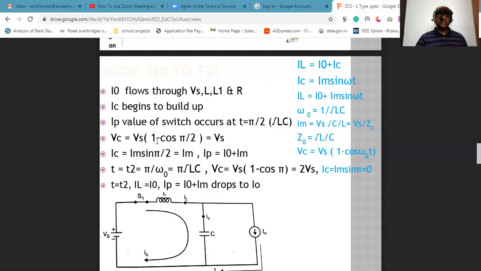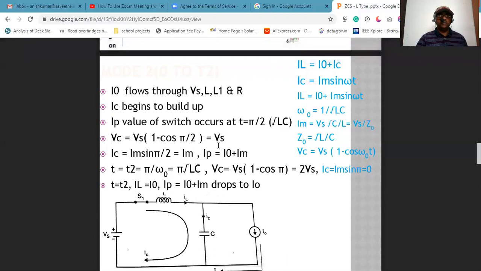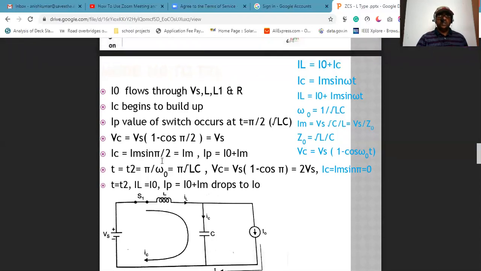So we will get Vc is equal to Vs. So at 90 degrees, the capacitor voltage is Vs. Now Ic is equal to Im sin pi by 2. Sin pi by 2 value is 1. So 1 into Im is equal to Im. So at 90 degrees, the capacitor current is the maximum current.